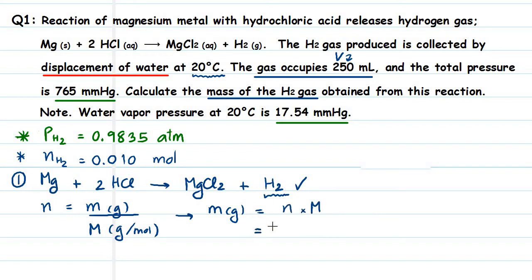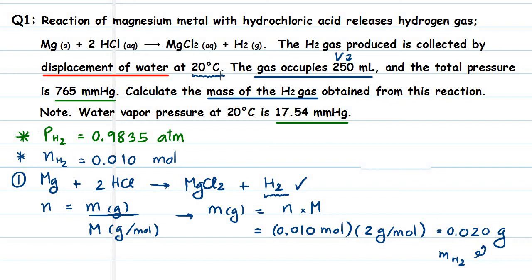It is 0.010 mole, and the molecular weight of hydrogen is 2 gram per mole. So we're going to get 0.020 gram as the mass of hydrogen. Alright, and that is the answer.